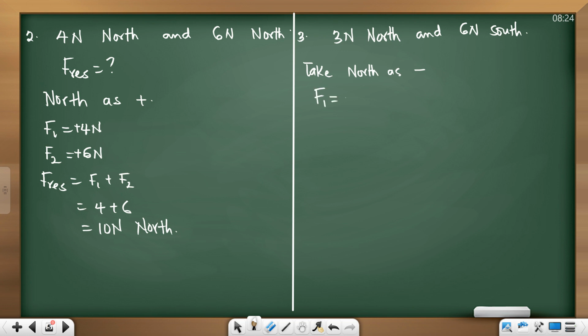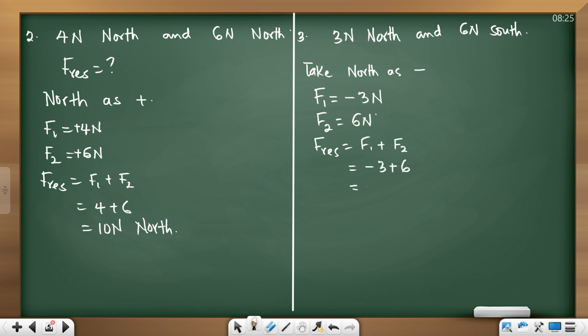F1 will be what? Negative 3. Does that make sense? Because it's north, and I'm saying my north is negative. What is F2? That means if north is negative, south has to be positive. So what are we going to have? Positive what? 6 newtons. Now what is our F resultant? F1 plus F2, negative 3 plus 6.